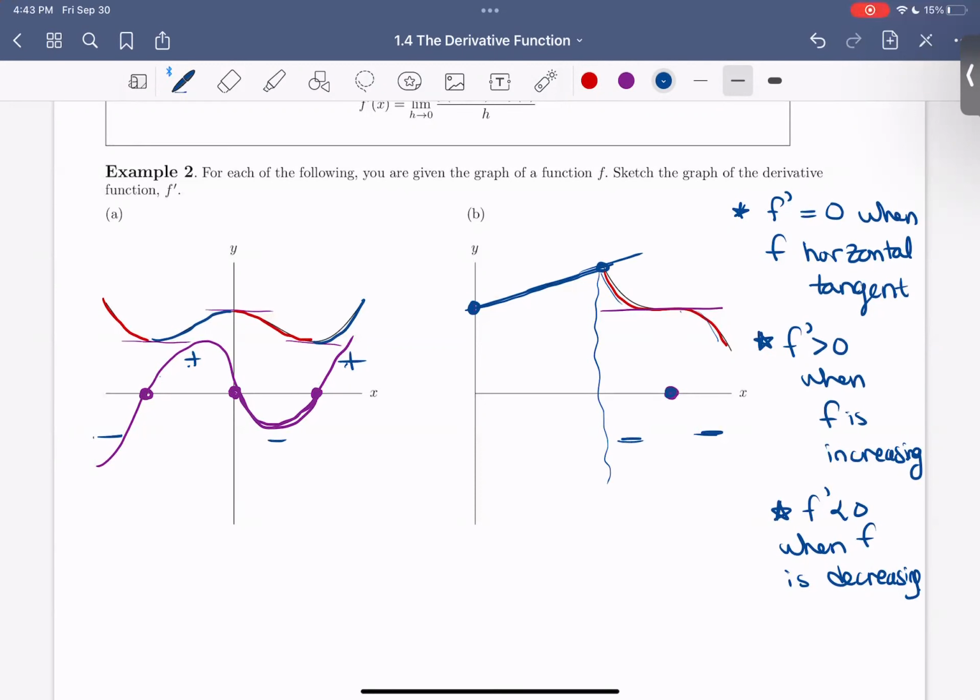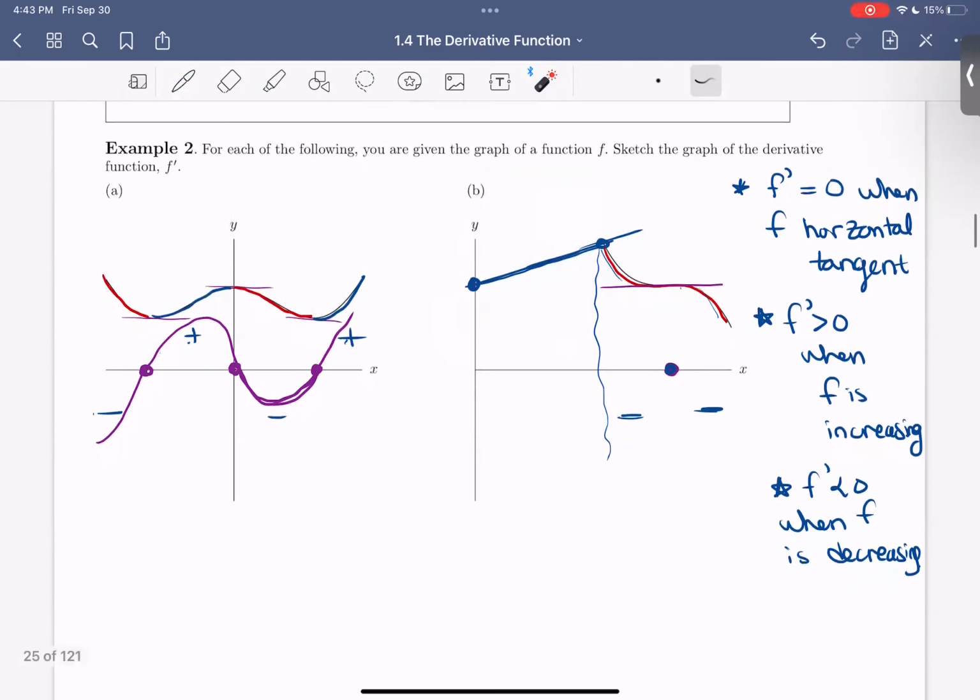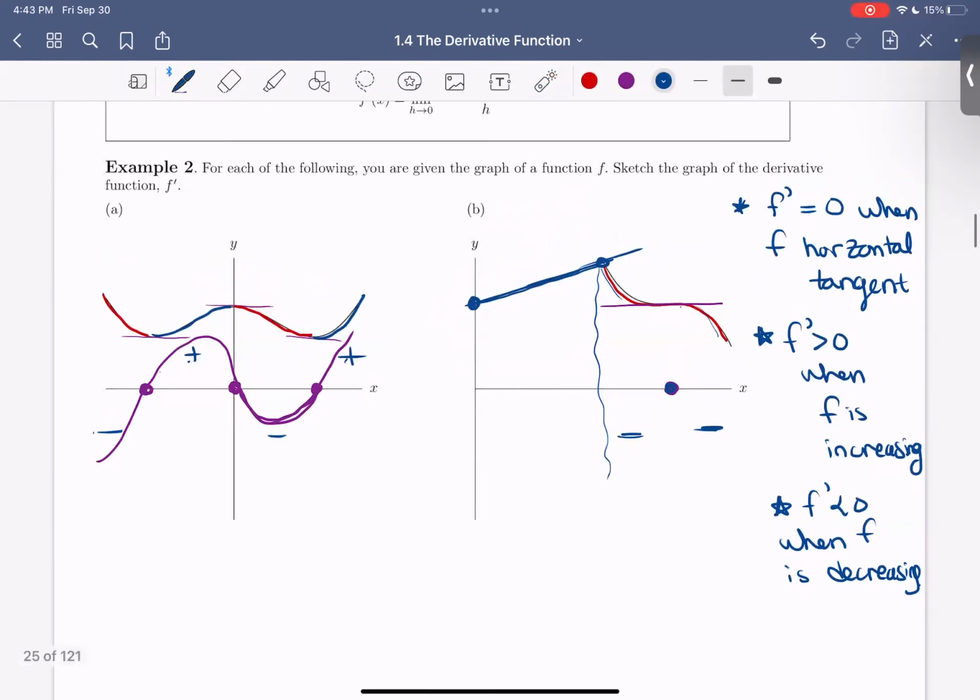But then over here, what do we notice about that tangent line? Well, all of these tangent lines are going to have some positive slope, but it's going to be the same slope throughout this entire interval. So that derivative is going to look like some straight, constant line like this.